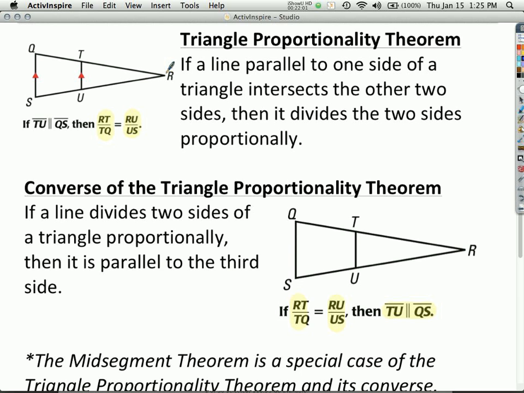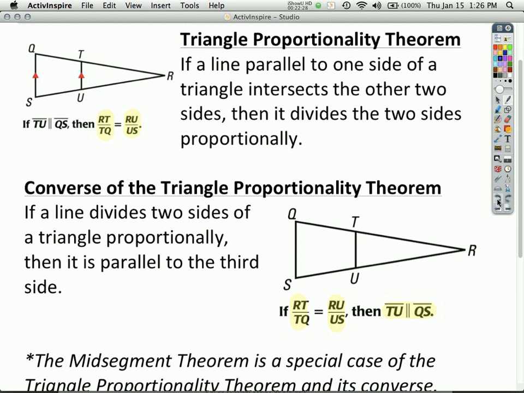And since the midpoints, let's pretend that those are the midpoints, this midpoint divides this into two equal parts, the ratio will just be 1 to 1. 1 equals 1. So the mid-segment theorem is actually the same thing, it just works out even nicer than this does. And so that's why I came before, because it was a little bit easier to digest. Okay? Any comments or questions?